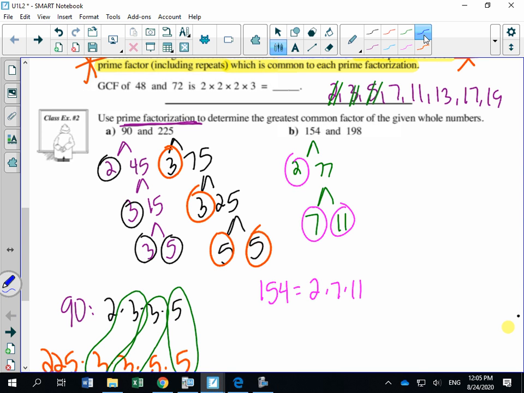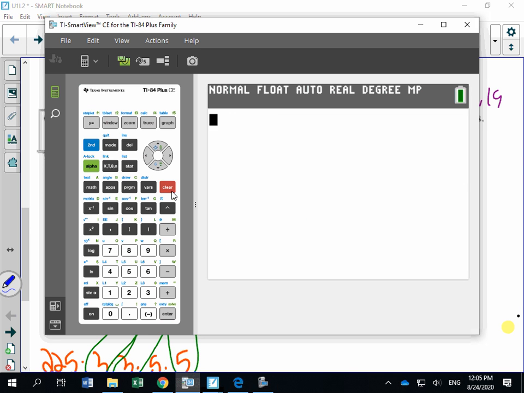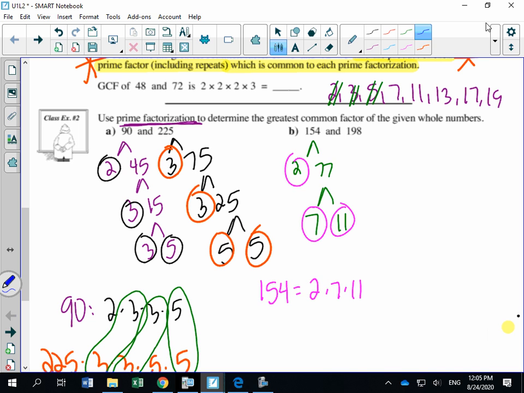Let's do 198, okay? So 198, let's check what that is divided by 2. So 198 divided by 2 is 99.